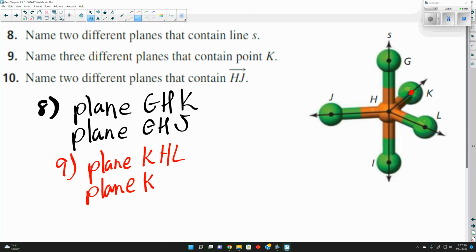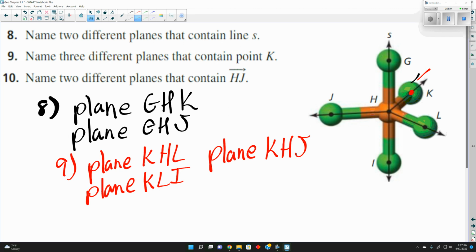KLI, yes. And KLI is an interesting one because we're normally used to going flat or straight up and down, but it's actually at that angle. And it still works because, again, we can create a plane through any 3 points. KHJ, yes.